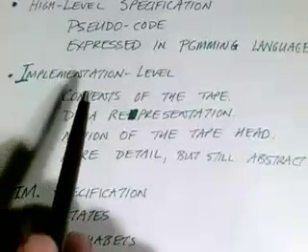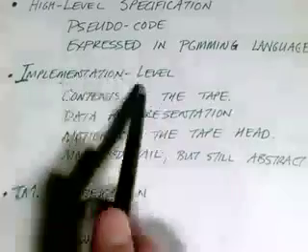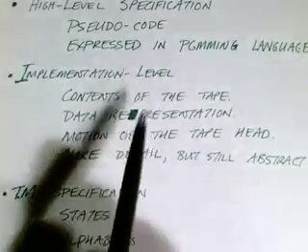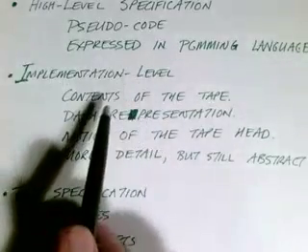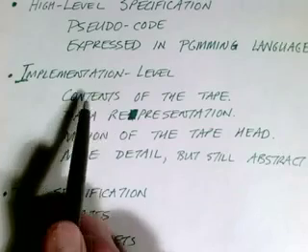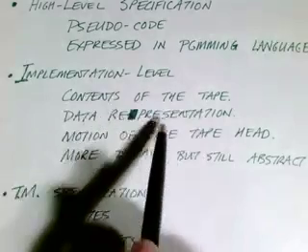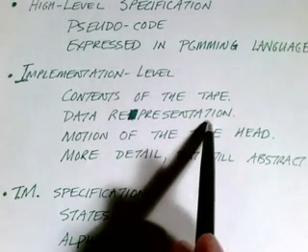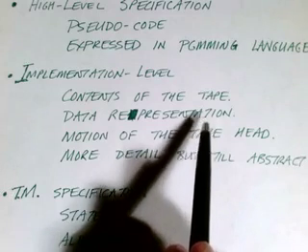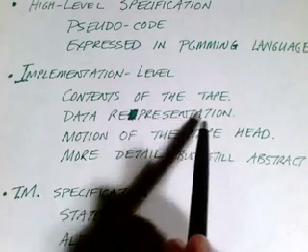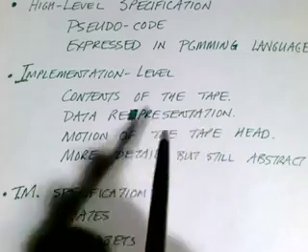We might have a more detailed description of our algorithm. We can talk about the implementation level specification, and at this level we're adding in information about what the tape looks like, how the data is represented. In our graph connection problem, we're talking about what symbols we use, and how they're laid out on the tape.